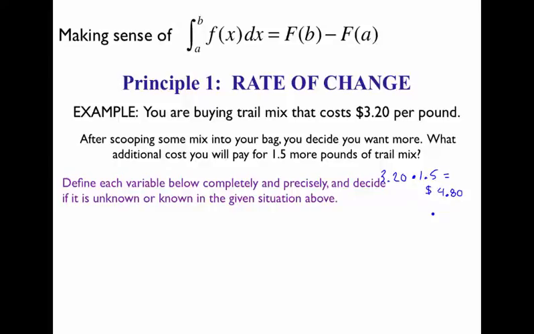Okay, but this thing has all these variables, letters in it. So we want to start bridging the gap between this principle and all these letters and symbols. So I'm going to give you a set of variables below that match up with this situation. You're going to define the variables.